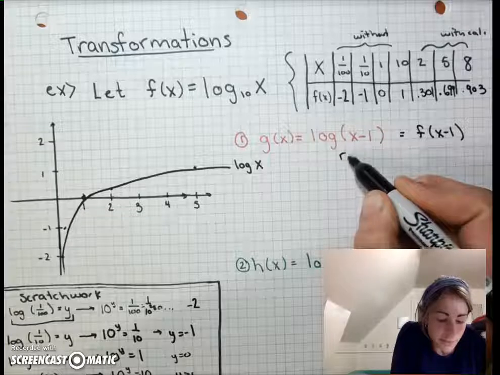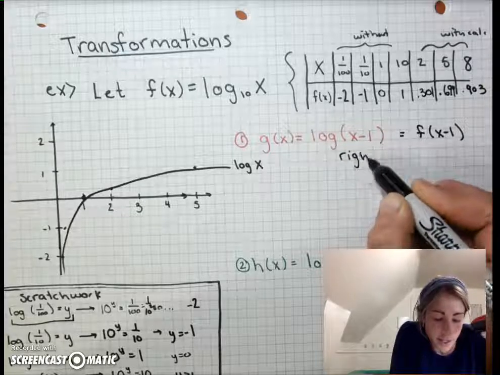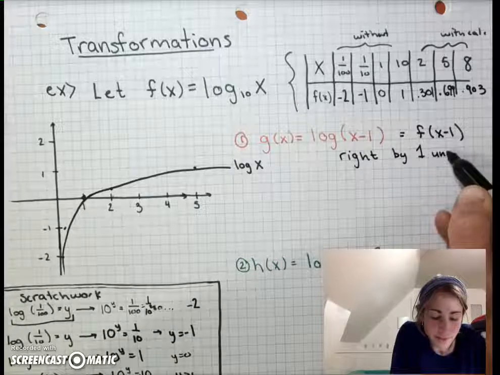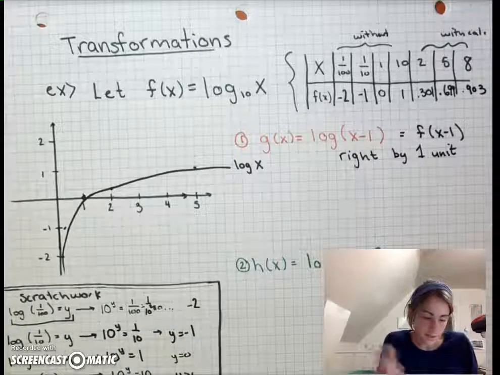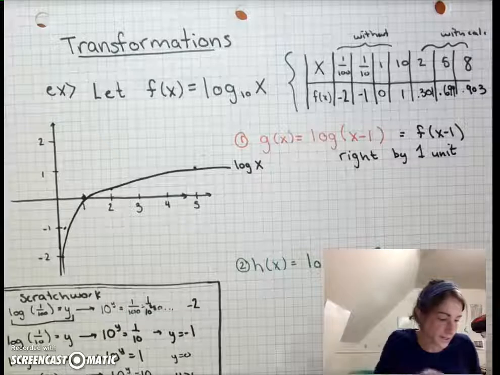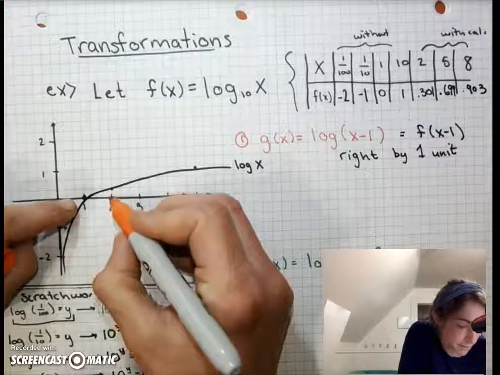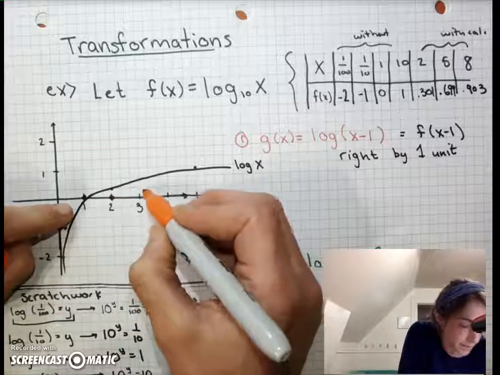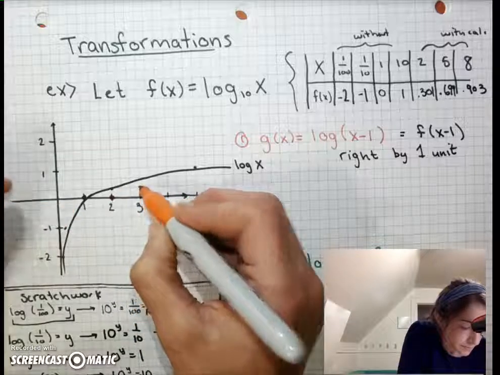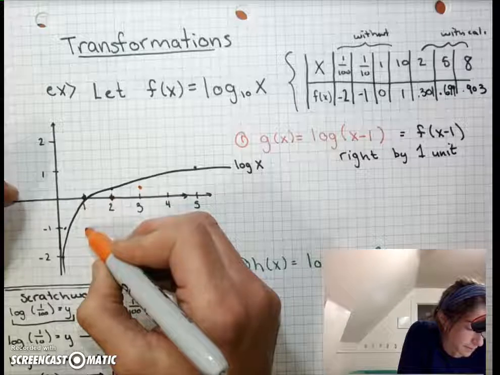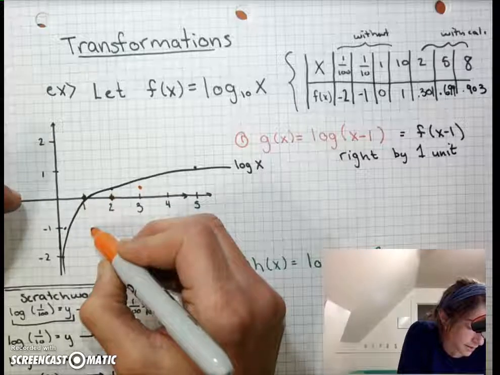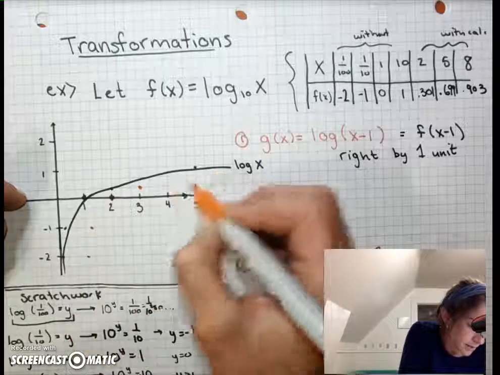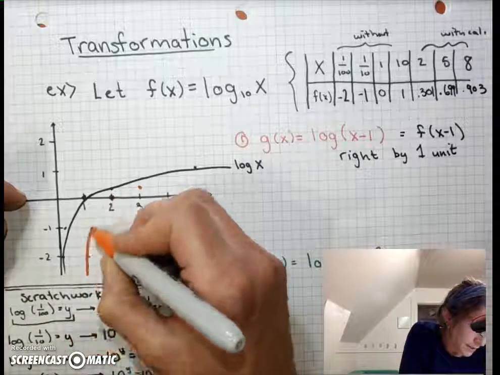It's a transformation, and we shift to the right by 1 unit. So let's go ahead and graph that one. Each of the points I had before now gets moved over by 1. So we move about 1 in each of these points. So my new graph is going to look something like that.